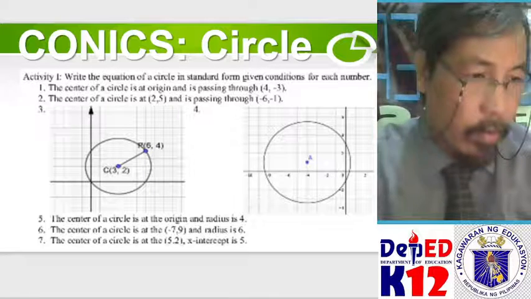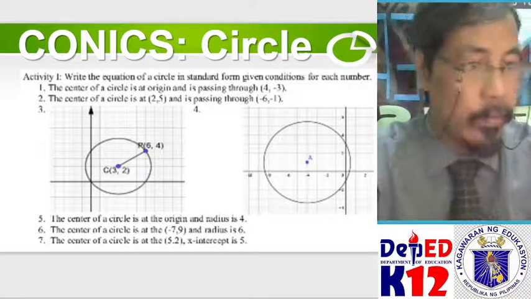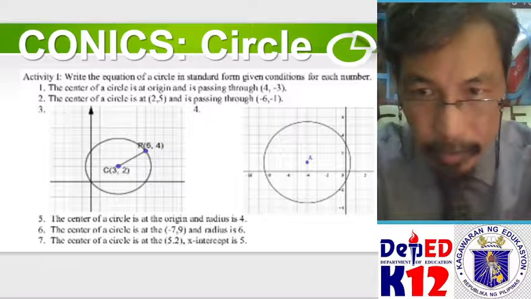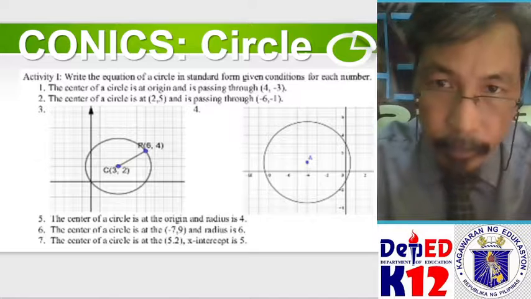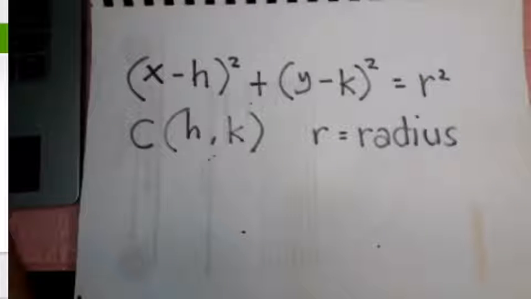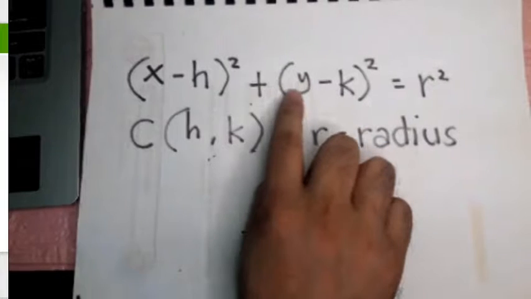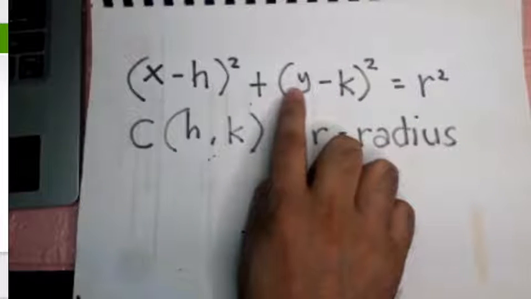So, what is the standard form? So, we have the following standard form. This is what we call the standard form of the equation of a circle. Because we are solving CONICS circle, this is the standard form.